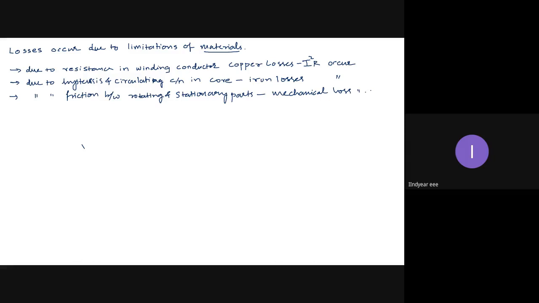Okay, so these are the three types of losses that occur in any rotating machine.